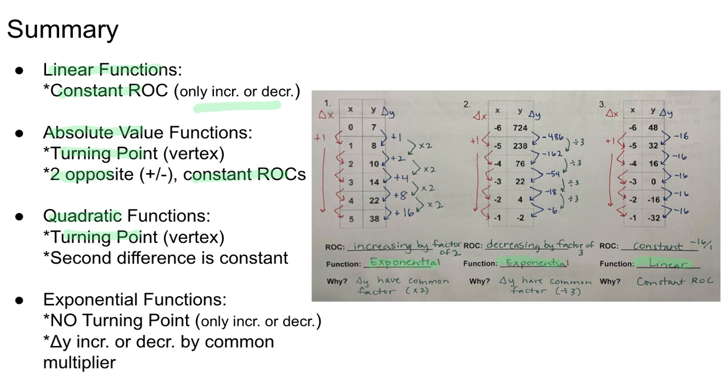So you're not seeing constant when you're looking here at your change in y's. You have to look at the second difference and see that your second difference is constant. Exponential functions, again, no turning point. It's only increasing or decreasing, and that increasing or decreasing is by a common multiplier, and that's what you see right here on these 2 types of problems.